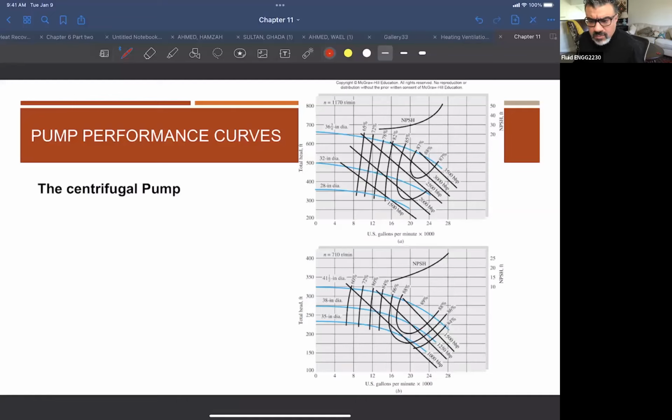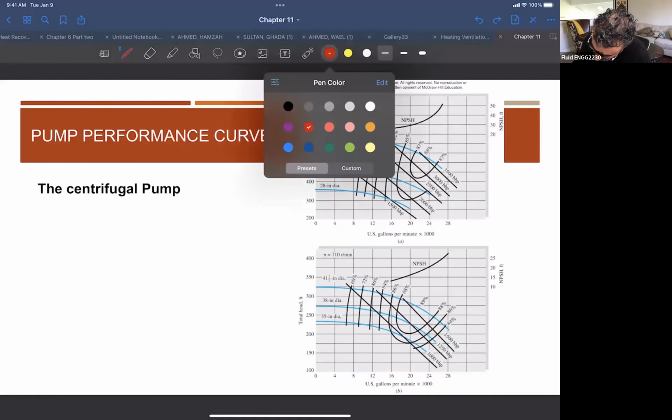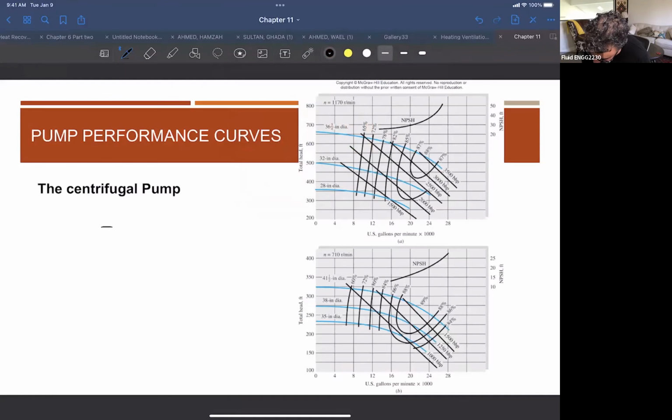So for a centrifugal pump, we know that the centrifugal pump is something like this, right? So we have the rotor. This rotor is rotating using a motor, and all this inside a casing.